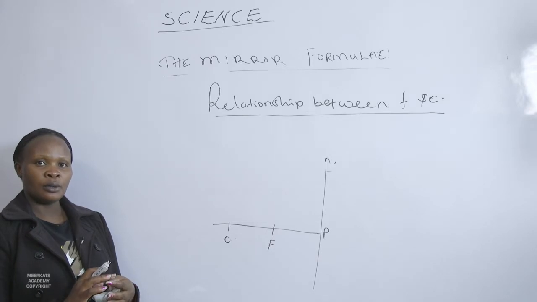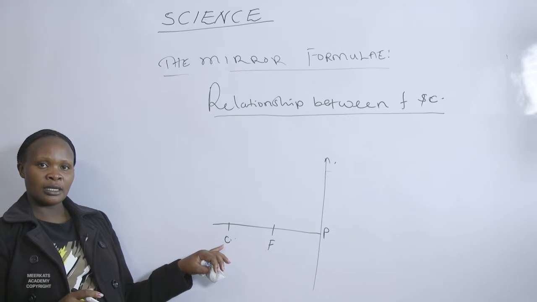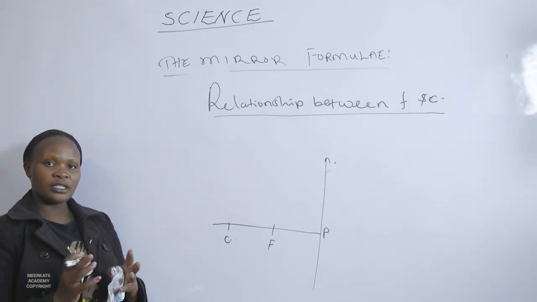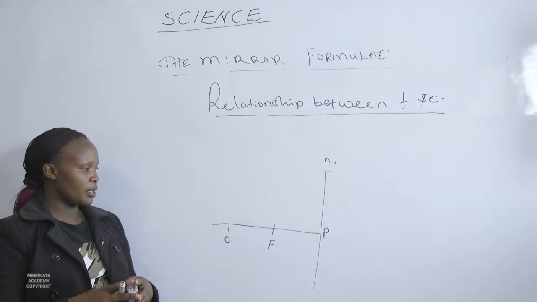One thing you should know is that C is actually the center of curvature, or the center of the sphere of which the mirror is part.